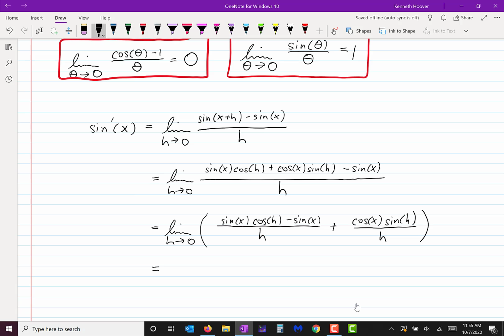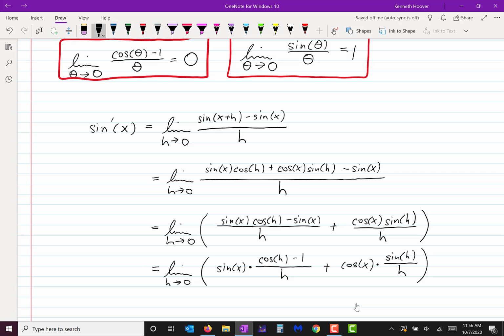And notice in that first one, I can factor a sine of x out. Let's write it like this. Okay, let's write sine of x times the fraction cosine of h minus 1 over h, and then plus, and the second one, let's write cosine of x times the fraction sine of h over h.